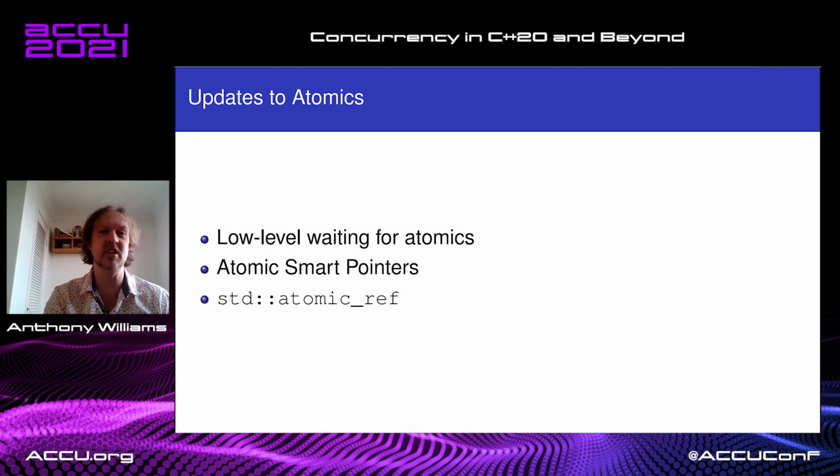That's pretty much their whole reason for existence, that they do something when you copy them. And so making them atomic is somewhat tricky. And then, of course, we have atomic ref, which allows you to use atomic operations on something that wasn't initially declared atomic.